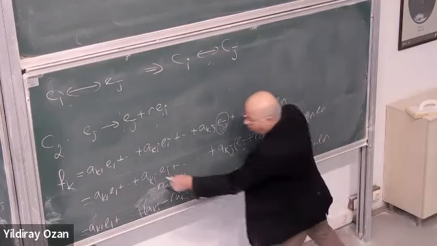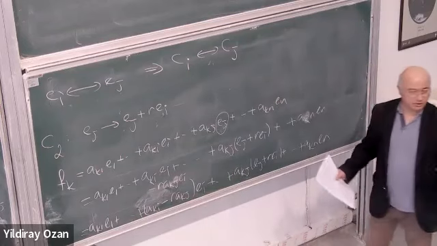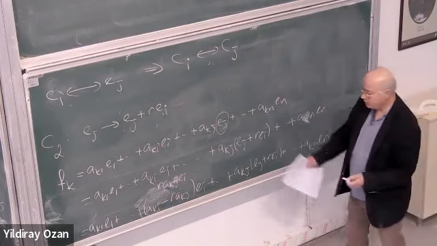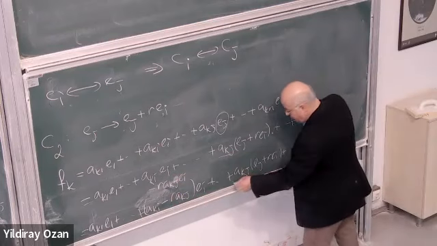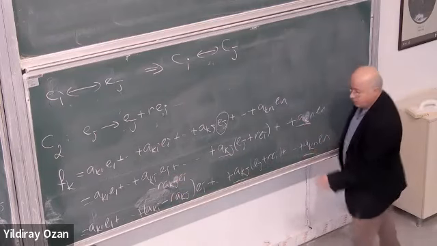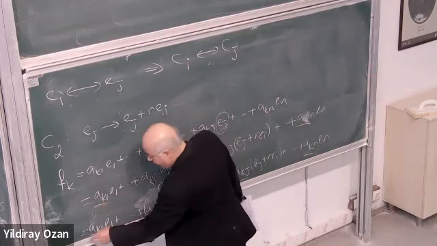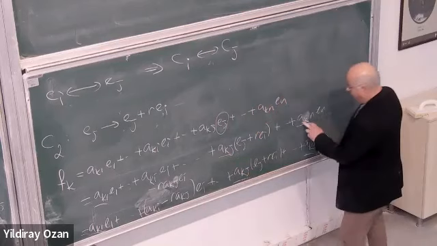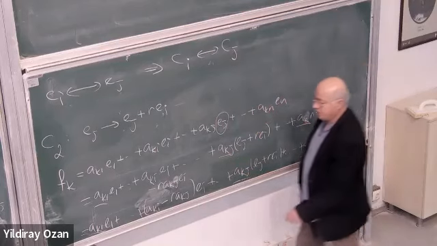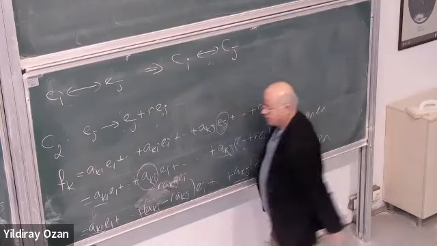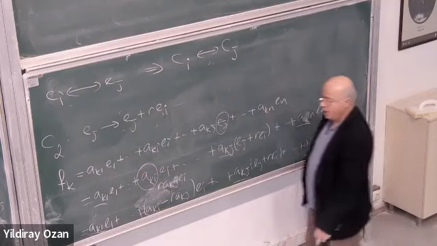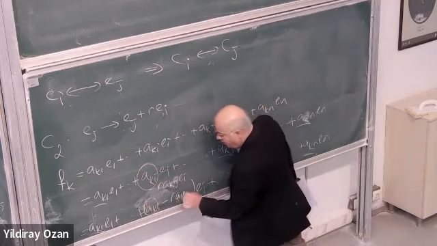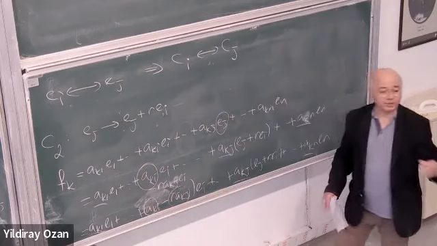Only the ith column is changed, right? All other entries are the same: AK1, AK1, AK2, AK2, AKJ, AKJ, AKN, AKN. But here I have this AKI. Now I have AKI minus R times AKJ.